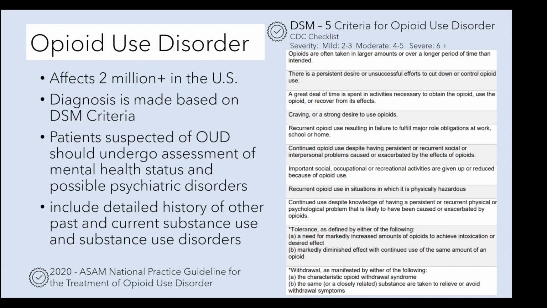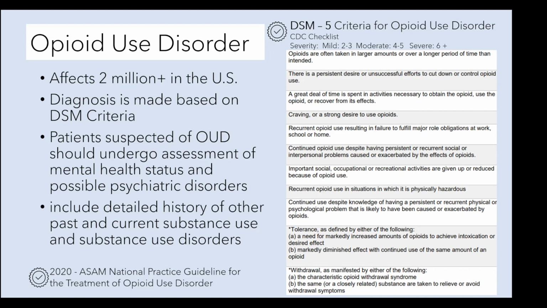And as you can see, there are different levels of severity depending on how many boxes are checked off on the criteria. Patients who are suspected to have opioid use disorder should undergo an assessment of other possible mental health conditions. The reason being is because their coexistence is so commonly present with opioid use disorder, and the proper support needs to be in place.